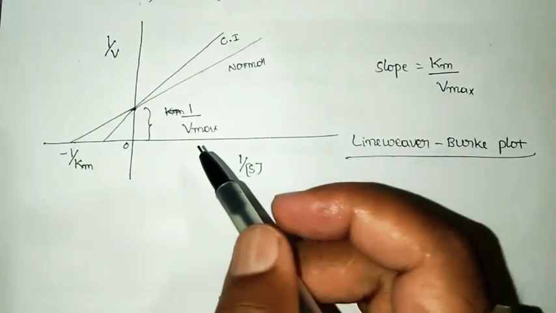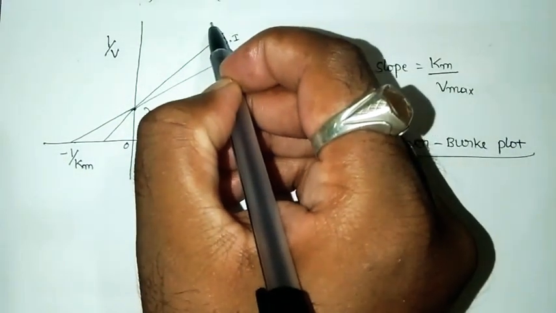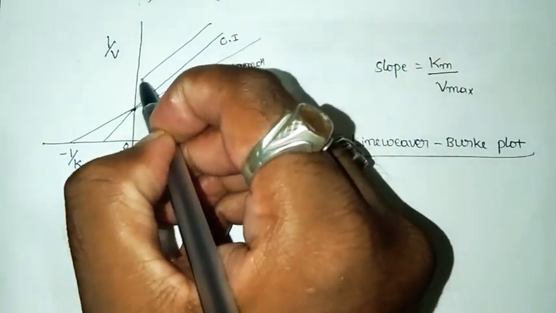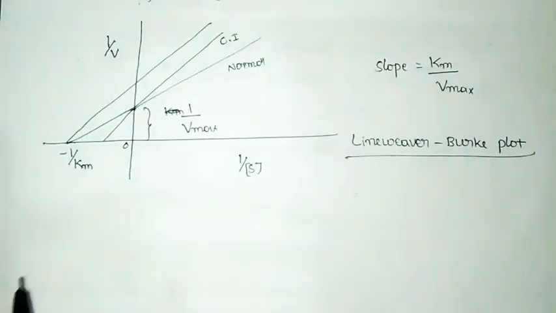And let us consider a non-competitive inhibitor. For a non-competitive inhibitor, the curve will be like this.